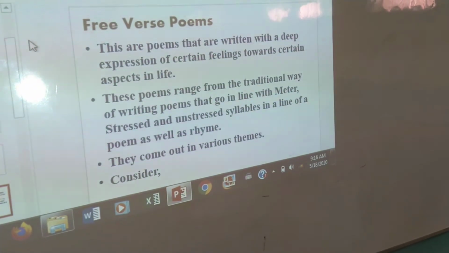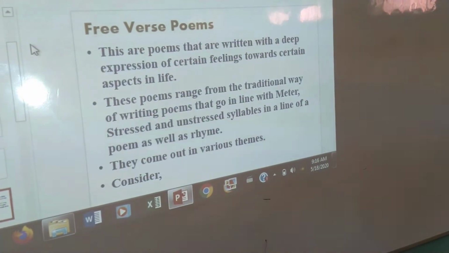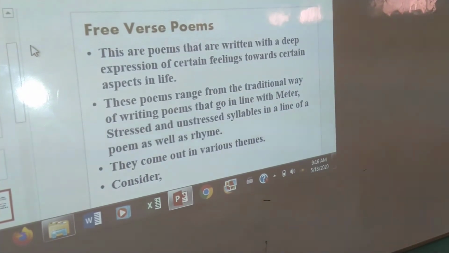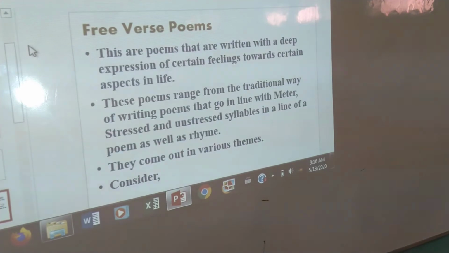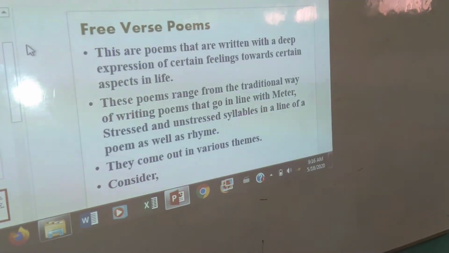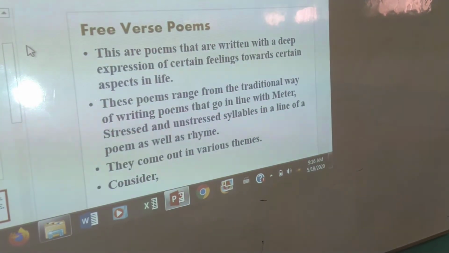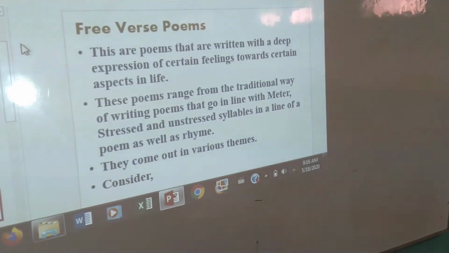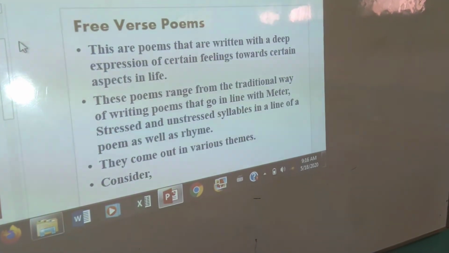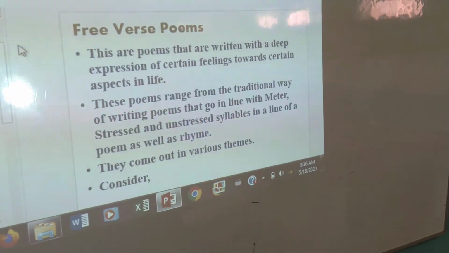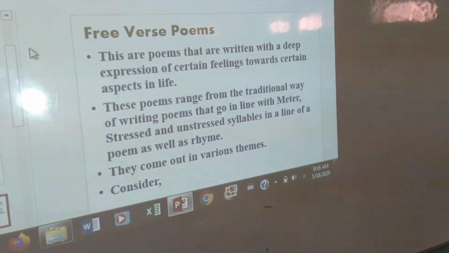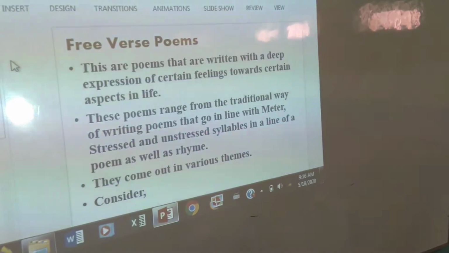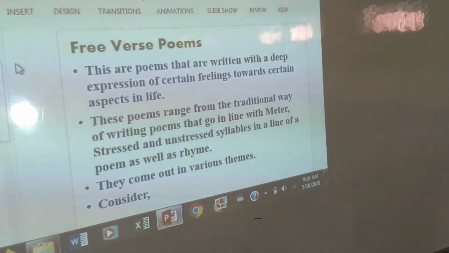Poems, although we have had them in our traditional setup in the form of a song, initially, way back in Europe, poems were developed and people were expressing their thoughts in a very summarized, brief moment using poems. Therefore, one of the ways that poems have grown and developed over time is that we moved away from the traditional way of writing poems to a free verse poem.